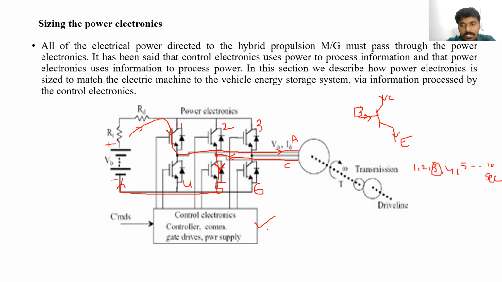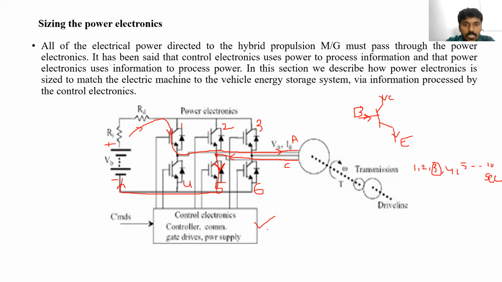Whenever the driver applies the brake, the controlling circuit will get the signals from the speed sensors, which means the speed is going to be decreased. The speed should be decreased means it will control the power.